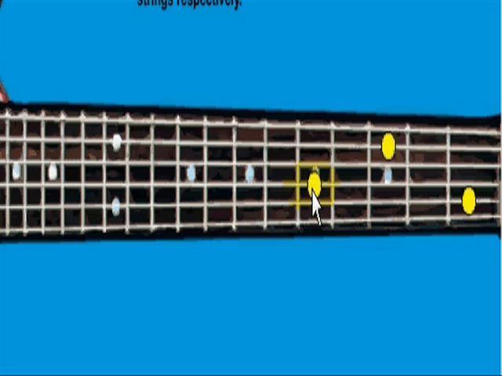This is a little more difficult pattern. Between these two notes right here are unison, in other words, they're the same note. If that's C, this is also C, and this is also C as well. So if you know this pattern, you're able to know all the note names on the fifth, third, and second strings, which covers all the rest of the strings that we haven't covered yet.